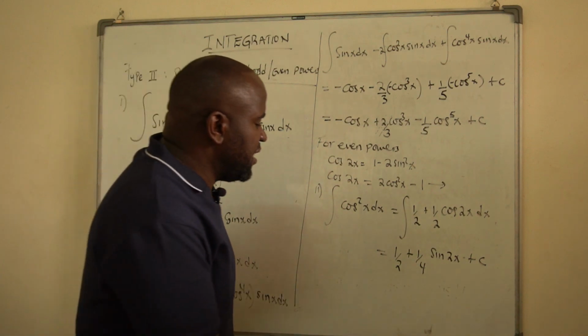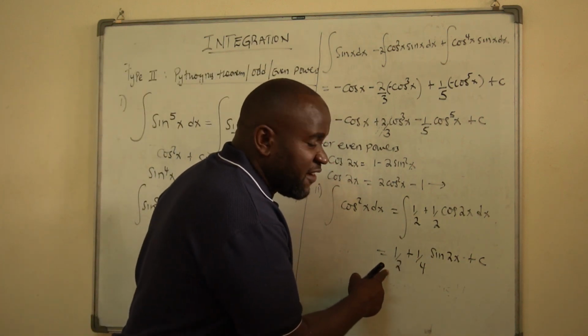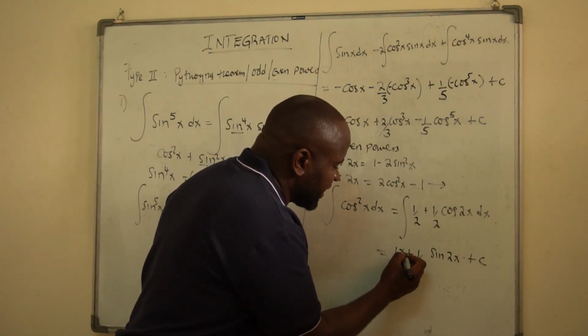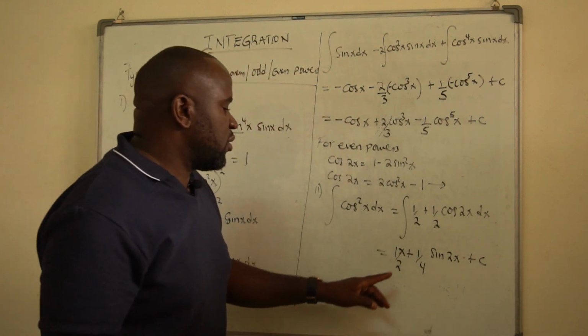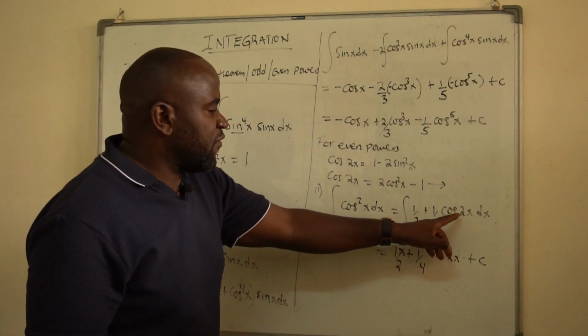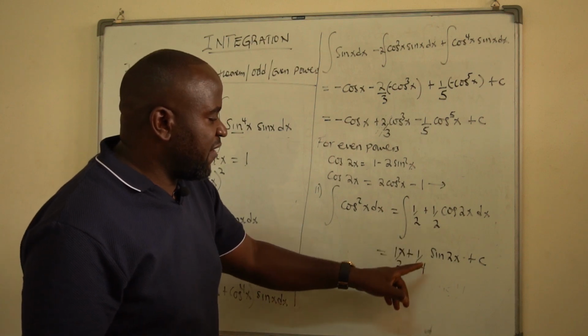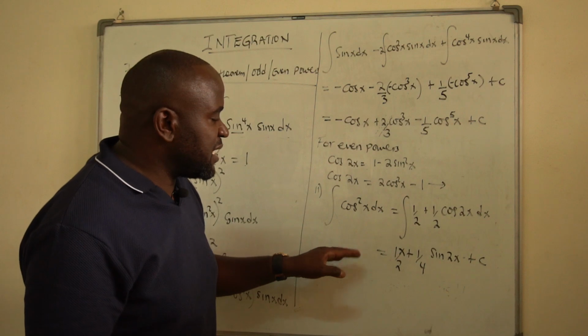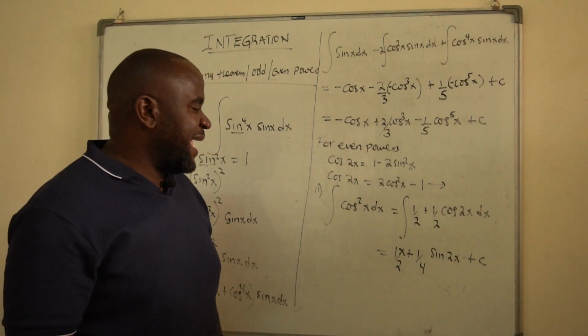Actually I've missed the integral of a half. This a half, when you integrate it, you must get x, so I missed the x. So the integral of a half is a half x, and the integral of cos of 2x over a half is a quarter sine of 2x. So this would give you the solution to the integral of cos squared x.